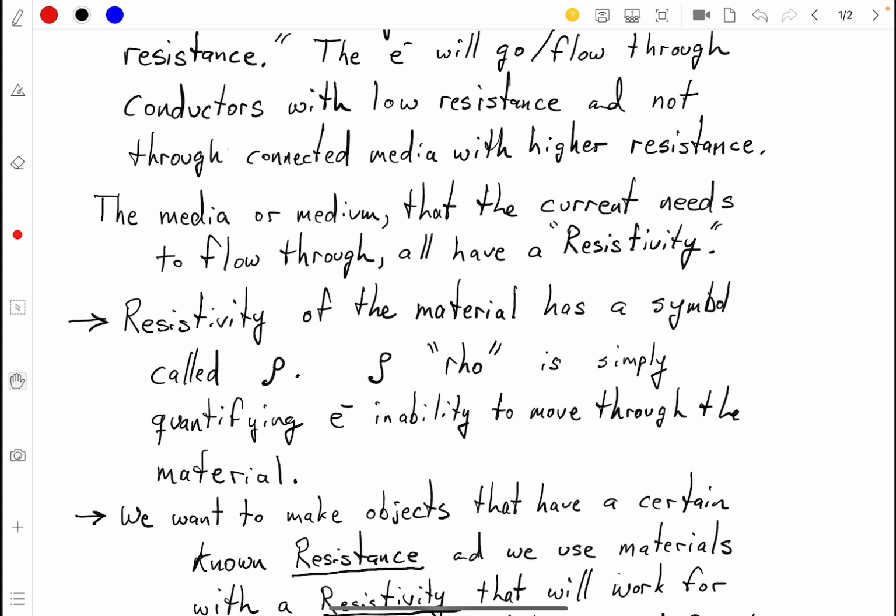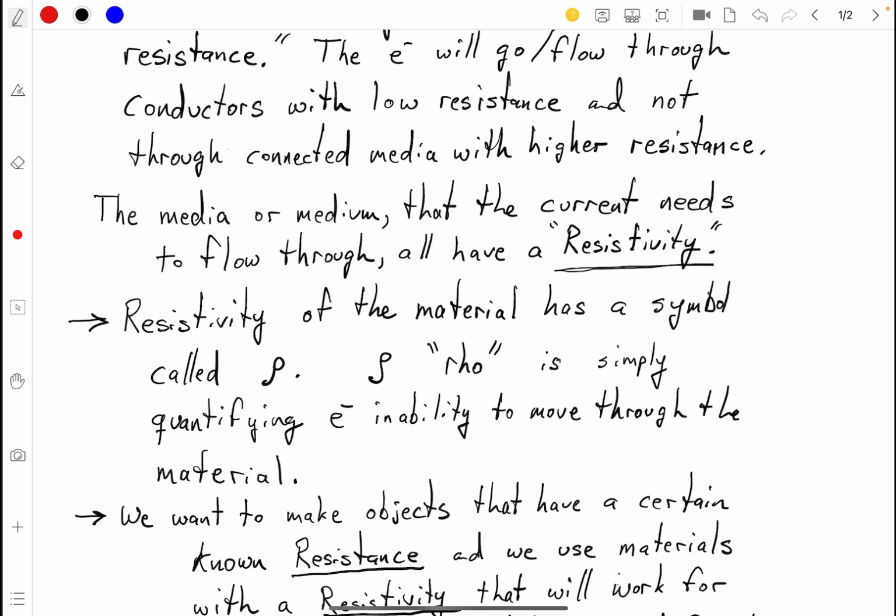So whatever medium the current needs to flow through, it has some resistivity. And we're going to start talking about the difference between resistivity and resistance.